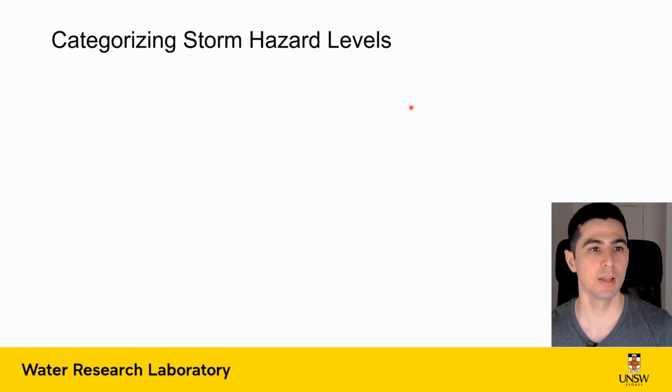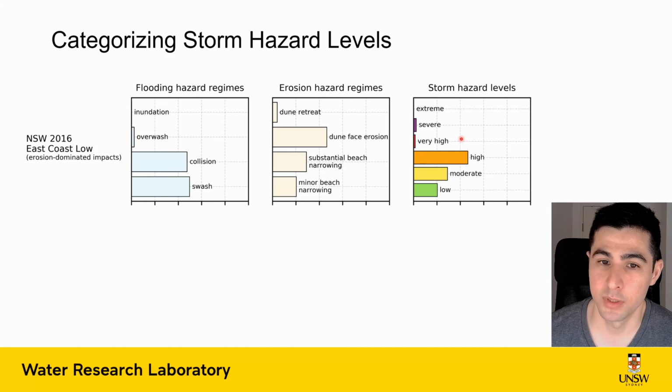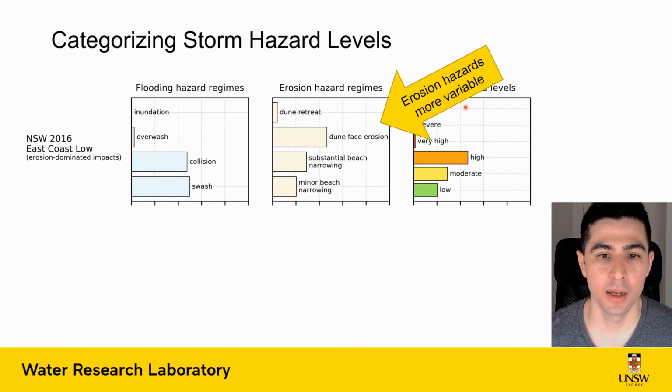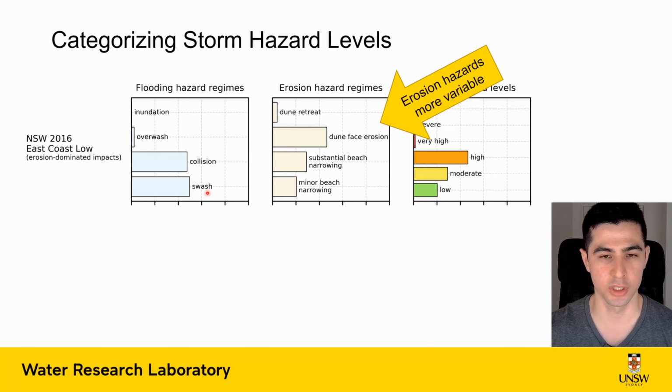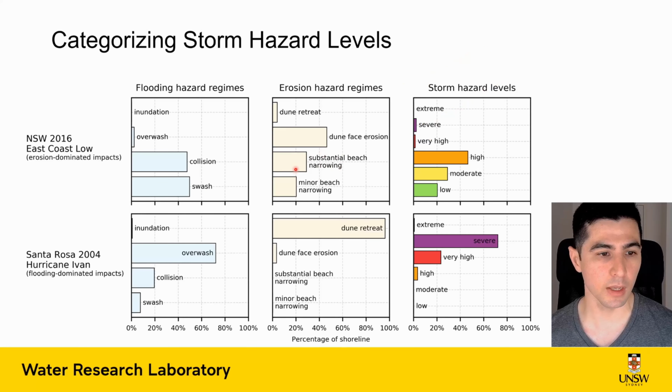And so if we look at the general distribution of what types of regimes and hazard levels we saw here, we can see that for the New South Wales event, the erosion hazards were more variable. So the flooding hazards were just limited to swash and collision, but the alongshore variability in the hazards was more explained by erosion hazards.